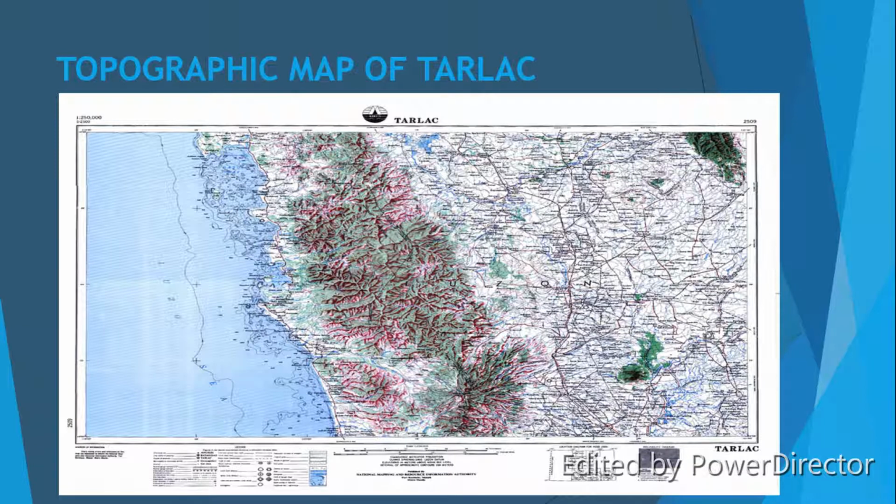This is the topographic map of Tarlac. We use topographic maps because these are detailed and accurate graphic representations of features that appear on the Earth's surface, which can be seen here. These features include roads, buildings, urban development, railways, airports, names of places and geographic features, administrative boundaries, state and international borders.